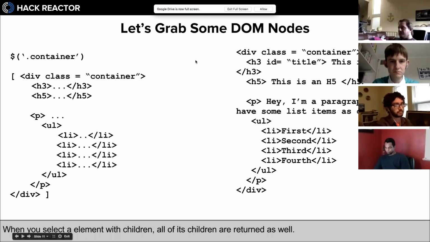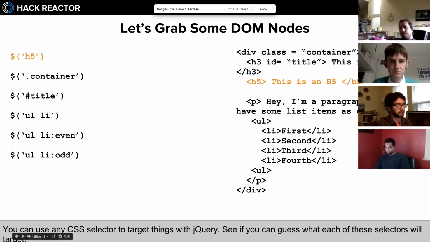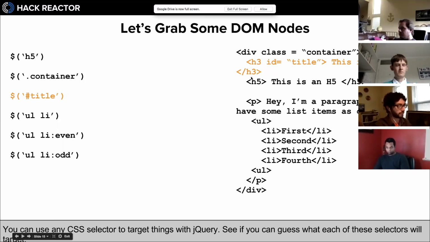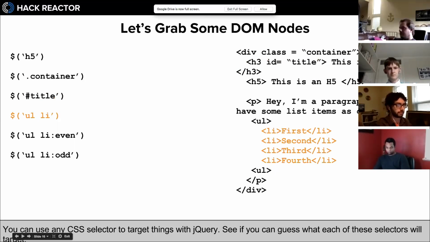Alrighty, so I will continue moving. Now we can watch what we're grabbing on the HTML as we walk through those commands. When we target container, it targets the whole page. Title targets that title H3. We can use any valid CSS selector.